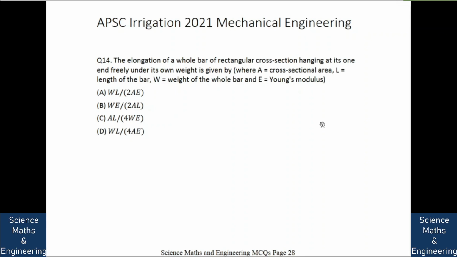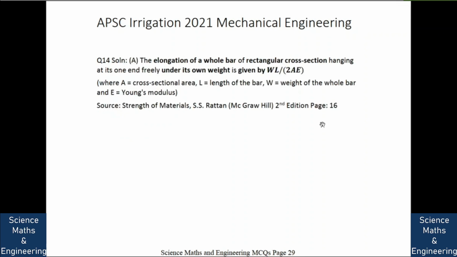So whether it will be A, WL by 2AE, B, WE by 2AL, C, AL by 4WE, or D, WL by 4AE. So these are the four options. You can pause and think of it. So the answer is A, WL divided by 2AE.